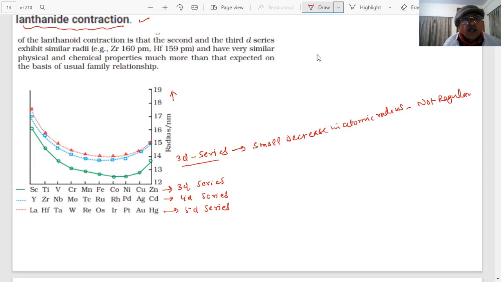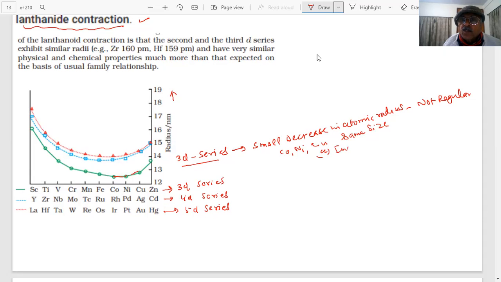We explained it. As you can see, it decreased, and here I said cobalt, nickel, copper. You see, they are almost the same size. Cobalt, nickel, copper, almost the same size, because there were two factors. What were the two factors?